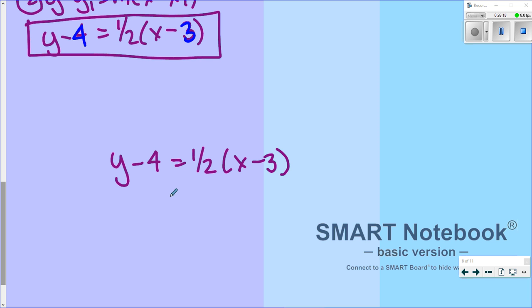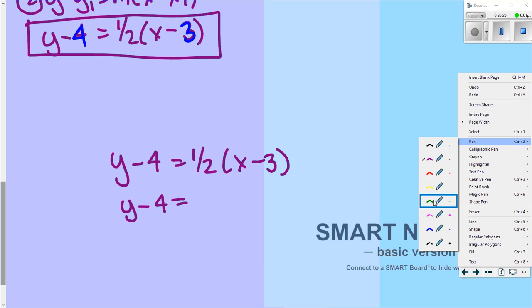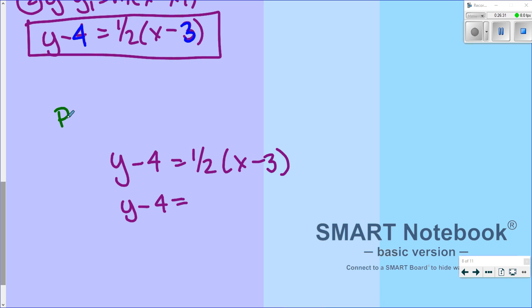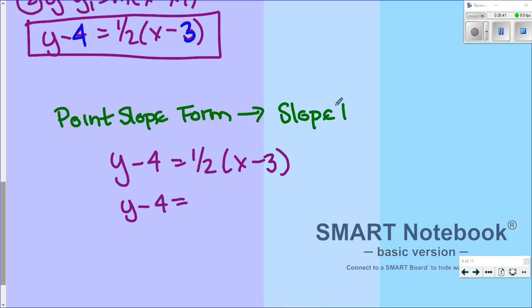And let's say I wanted to simplify and solve for y. So I'm going to write here so that way you know what is going on. So basically, point slope form to slope intercept form.